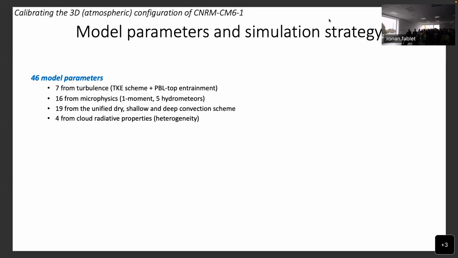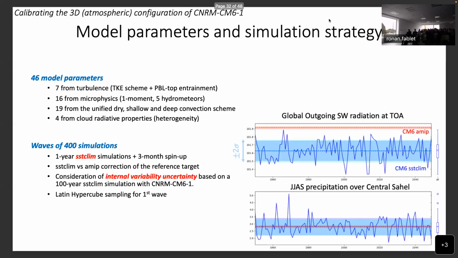and 46 model parameters. So this is approximately the same as before. Usually the map I showed you is based on a 30-year simulation. It's too heavy to do that in the calibration exercise, at least at the beginning. So we have to find a way to accelerate the process.